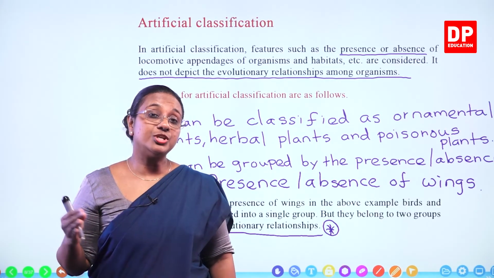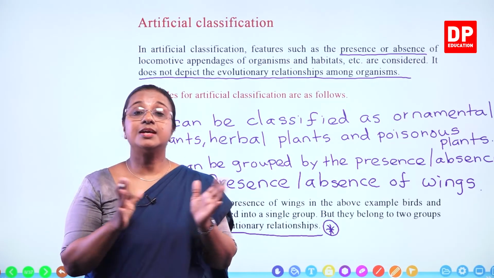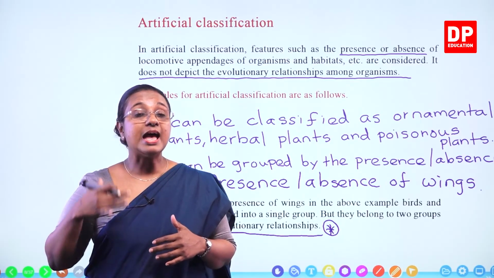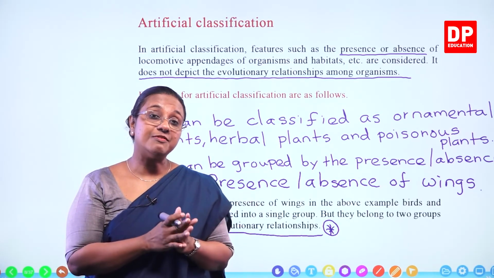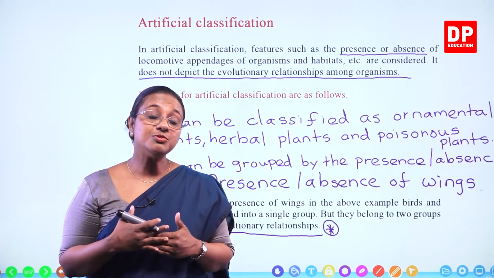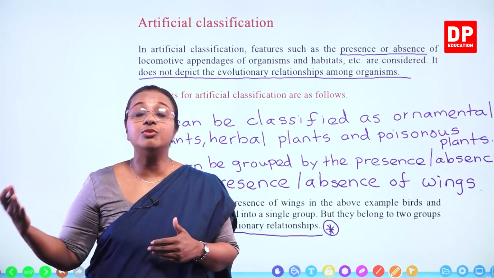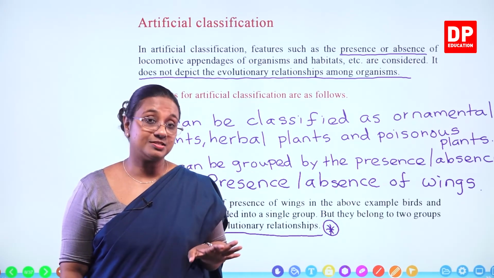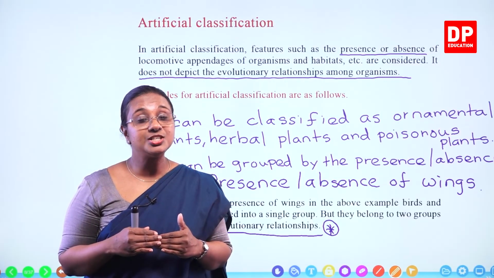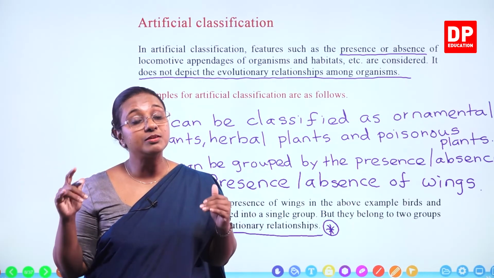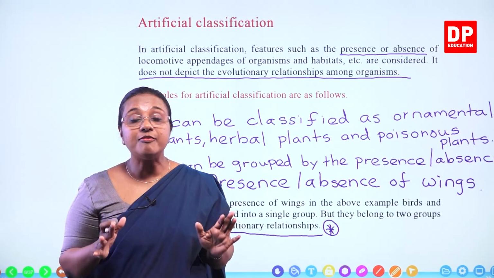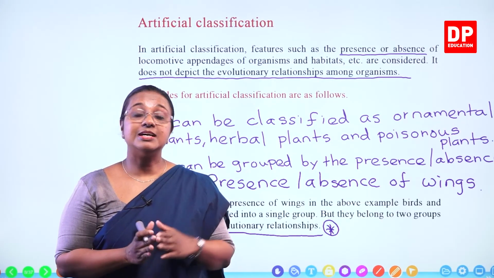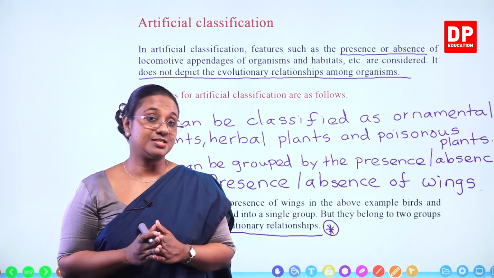And in that evolution, vertebrates and invertebrates evolved in different periods as well as in different ways. So there is an evolutionary relationship between certain groups. That is not considered in this artificial classification. So according to that relationship, insects and birds cannot come under the same group. They have to be classified as different groups. That will be considered when we discuss the natural classification.